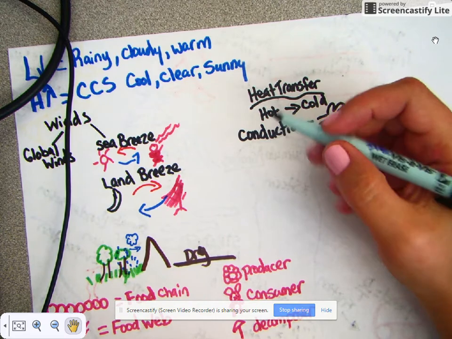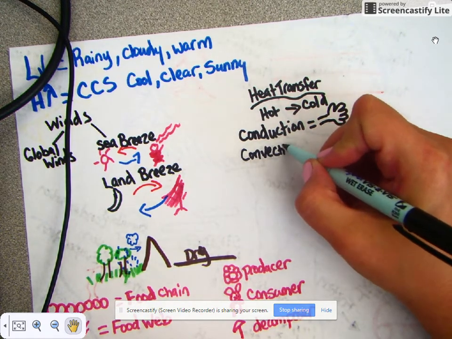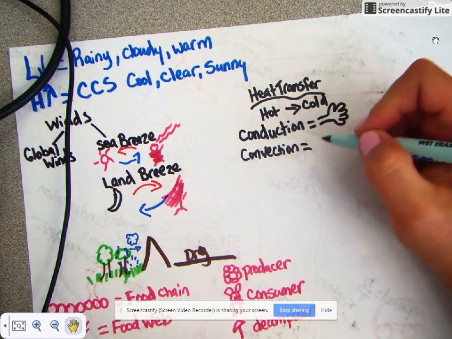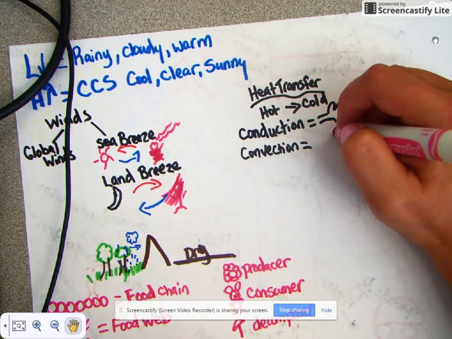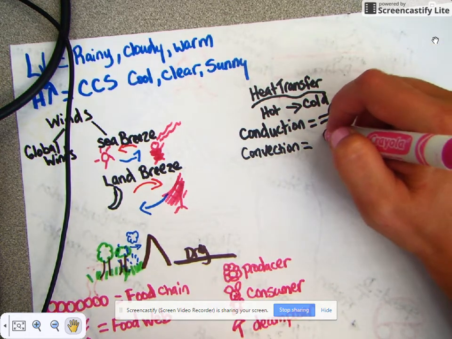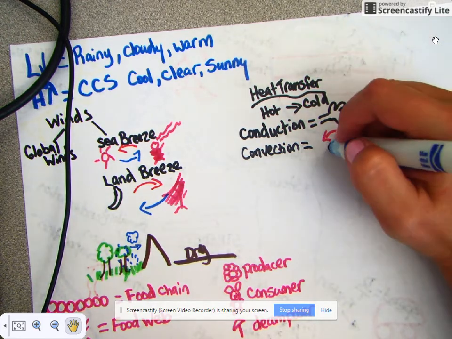The next one is convection. Convection is a transfer between hot and cold as well. So we've got the warm and the cold.